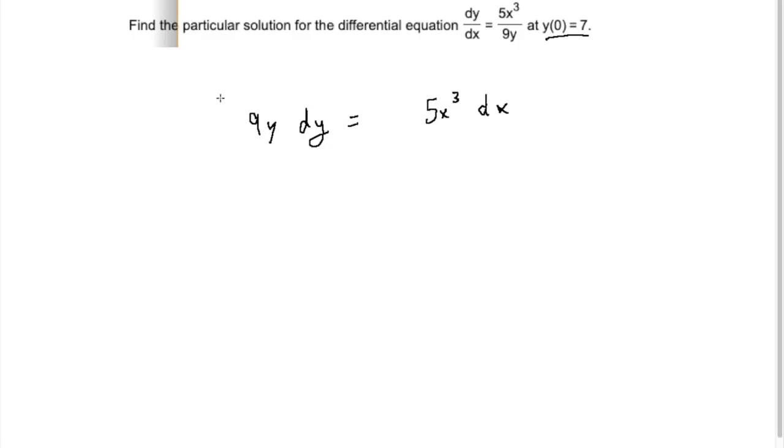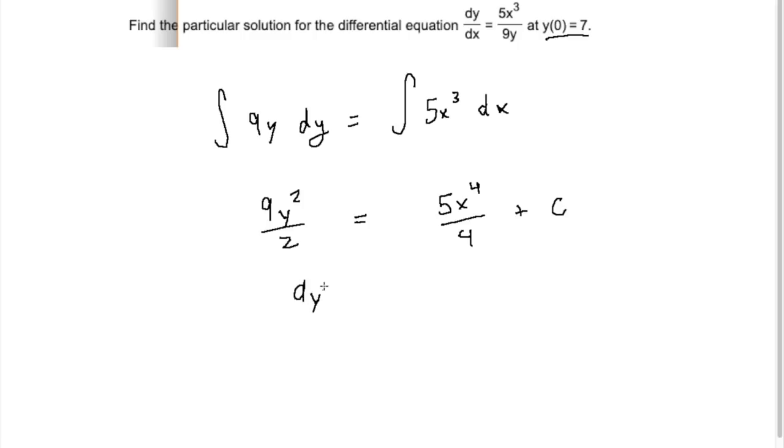Now that y and x are separated, we'll integrate both sides. We'll get 9y squared over 2 is equal to 5x to the fourth over 4 plus c. When we did this originally, we said plus c1 and c2, but now it's fine. As long as we include plus c on the side with x, this will get us the correct answer. Let's clean this up just a little bit.